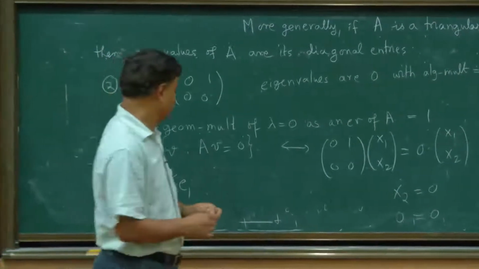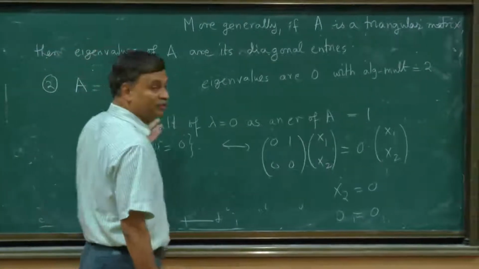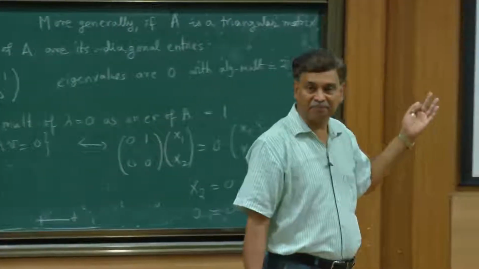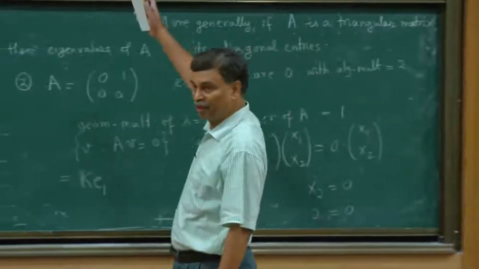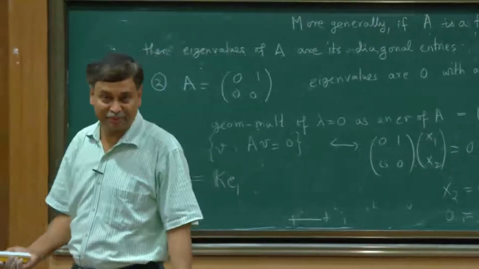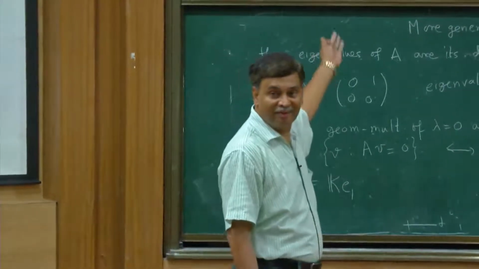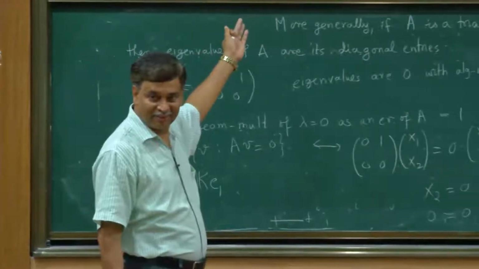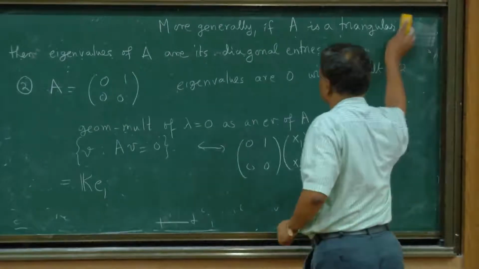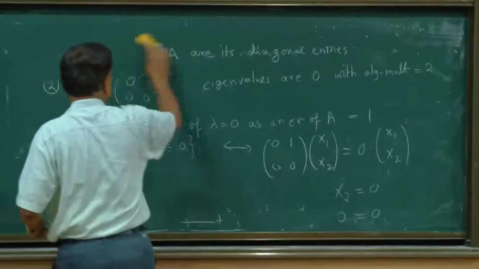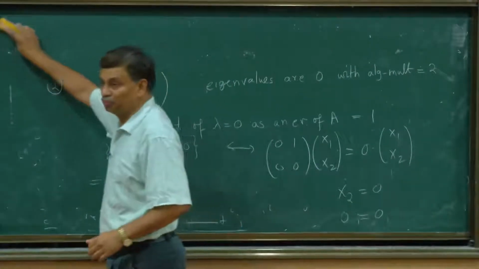Now, of course, our simple example was that diagonal matrices are very easy to find eigenvalues, or triangular matrices are very easy to find eigenvalues, and then we made the observation that similar matrices have the same eigenvalues. So, the natural question is: is every matrix similar to a diagonal matrix? That would be wonderful, because then I would find the eigenvalues easily. So, it turns out that that is not true.